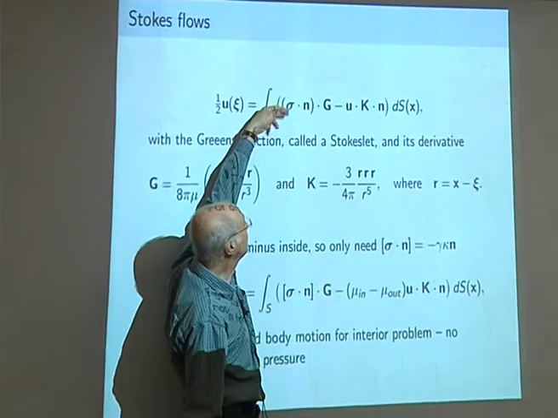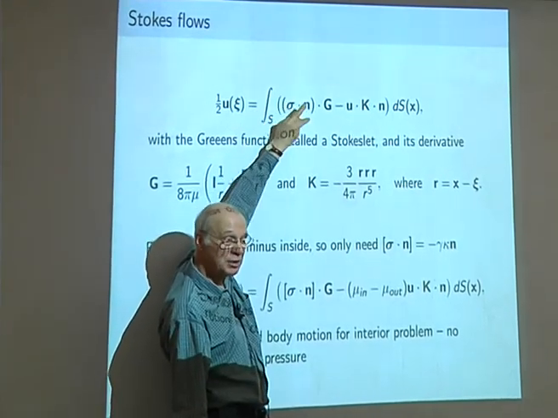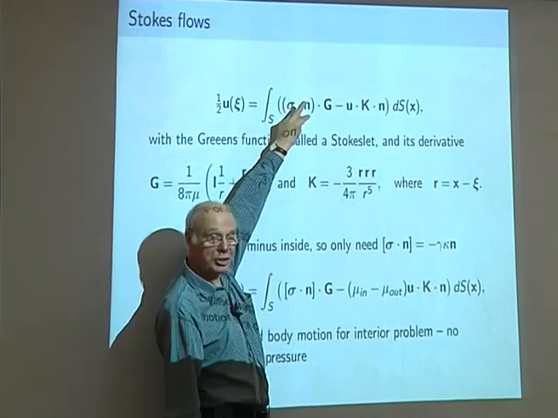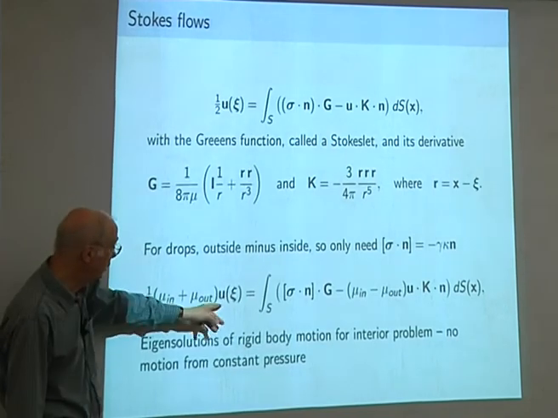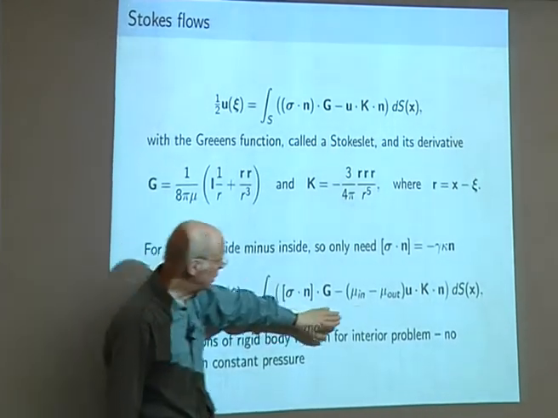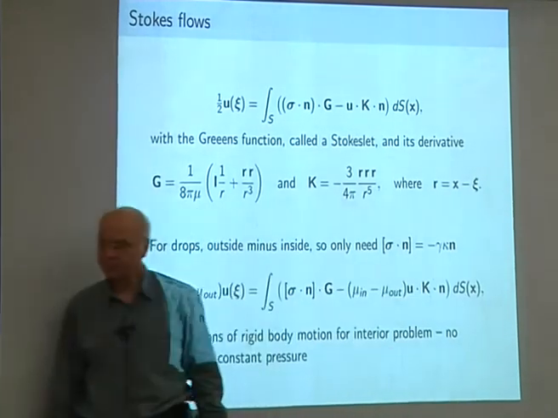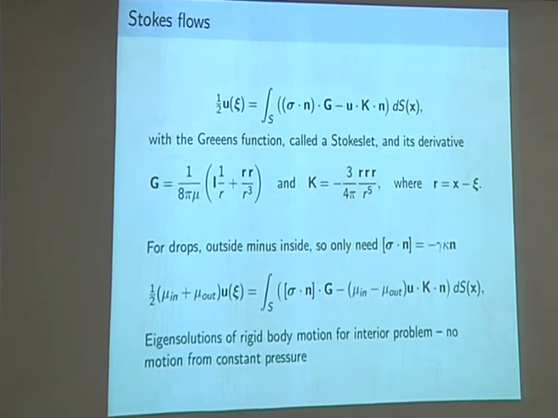I end up taking the difference between the stress on the inside and the stress on the outside, which is the capillary pressure jump. So I can turn this equation into half the velocity on the boundary is the jump in the stress plus the integral of the gradient of the Green's function times the velocity on the boundary. And I've done a lot of that over the years.